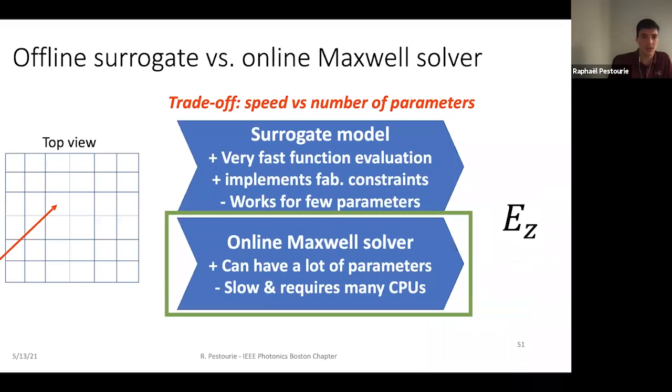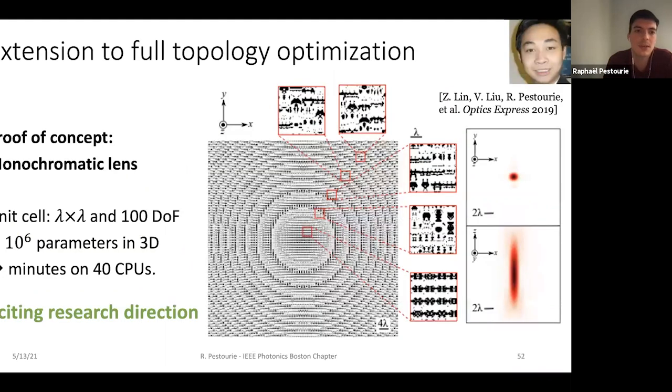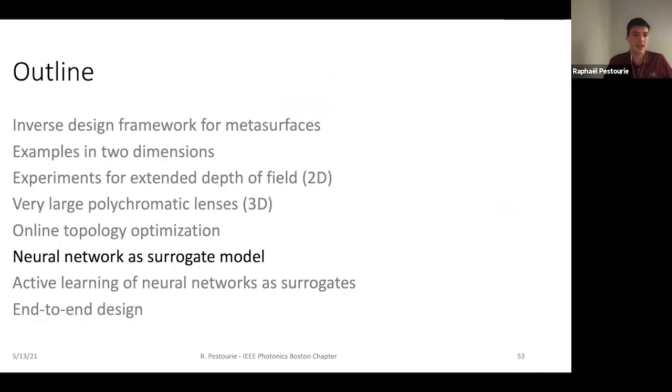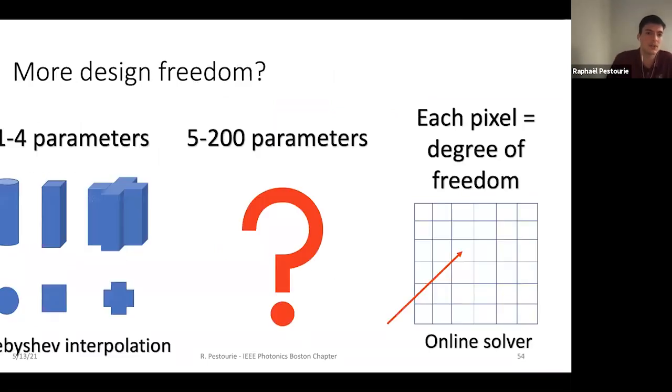This is a case of online Maxwell solve for this hybrid system, and my colleague Zinlin extended the framework with local periodic approximation to topology optimization here. This is an exciting research direction that has many new papers since.